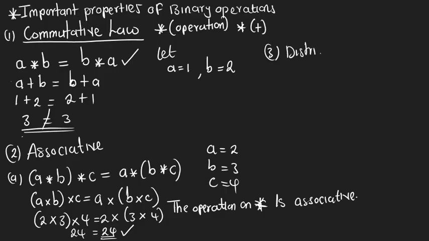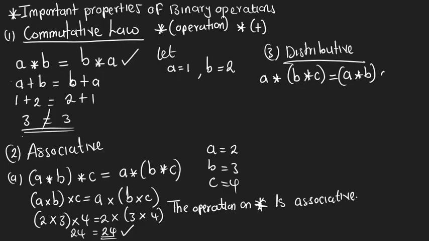So distributive law simply states that if you are having A star then B star C, this can also be written as A star B, then whatever operation you'll be dealing with, then the same A star C.